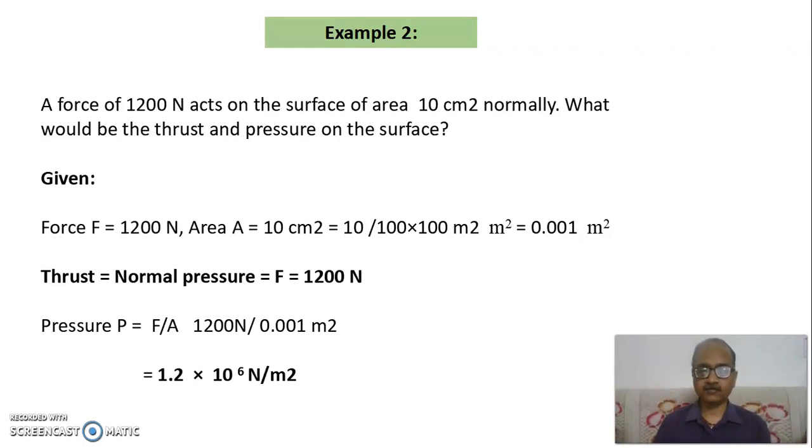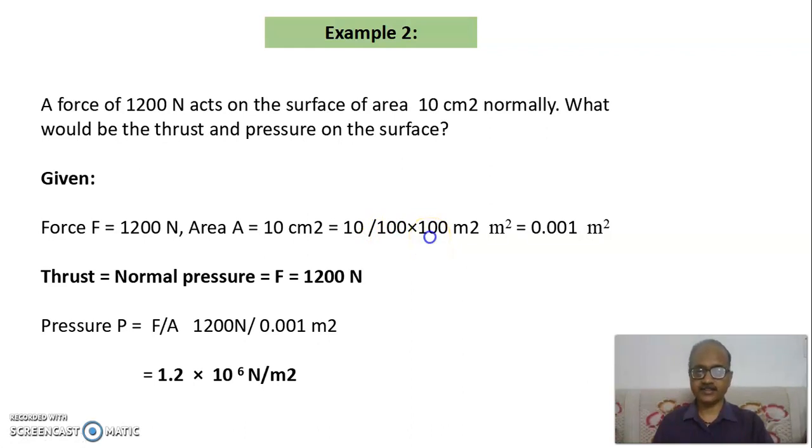So you have to convert 10 centimeter square into meter square. 1 centimeter square means centimeter into centimeter. 1 centimeter is a 100th part of a meter, so 1 centimeter is equal to 1 upon 100. For the first centimeter this is 100 here, for the second centimeter this is 100 here.